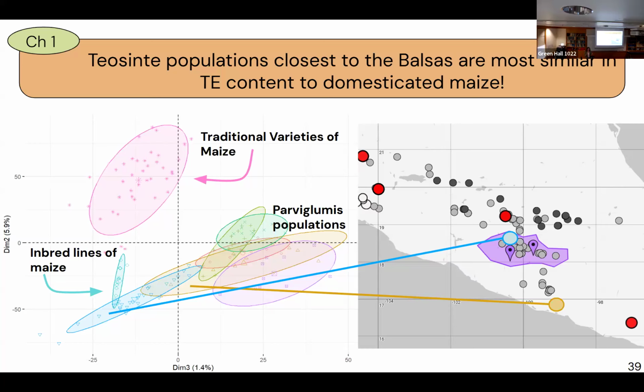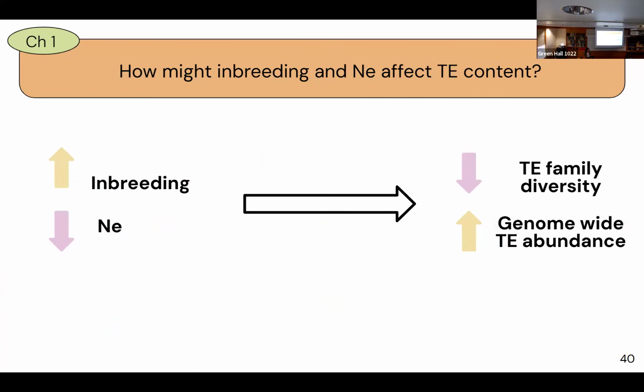But besides relatedness, besides shared evolutionary history, what else might drive TE content? What else might describe these patterns that we're seeing in TE content? Maybe inbreeding and effective population size. Across several plant taxa, there's been a correlation with increased inbreeding and increased TE content.